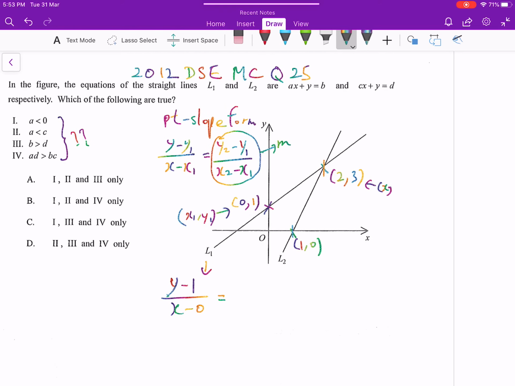That means (y2 − y1), so (3 − 1)/(2 − 0). If you do it like this, you can simplify very fast. This is 2 over 2, which means 1. Now you can just multiply by x on the right hand side, because 1 times x.